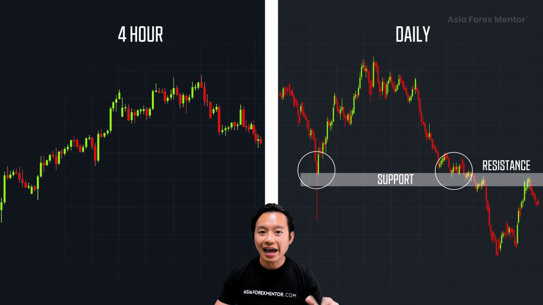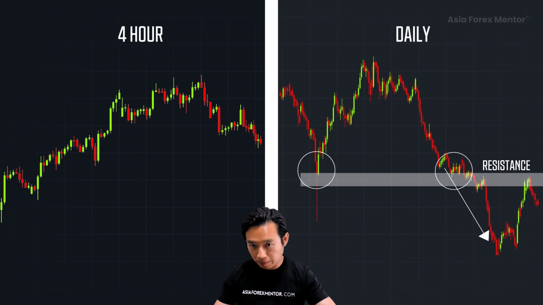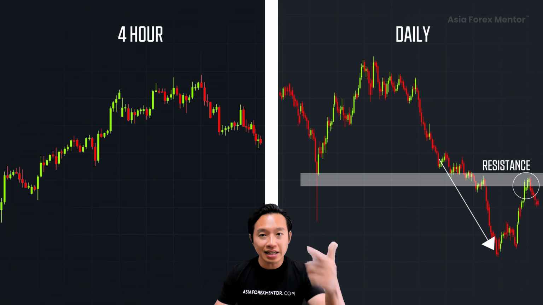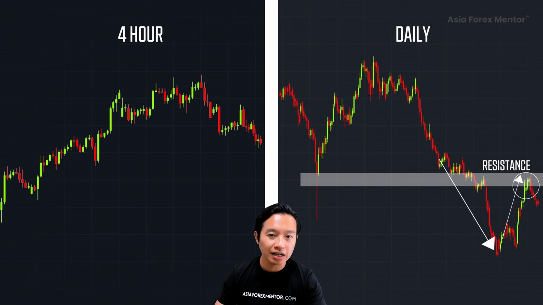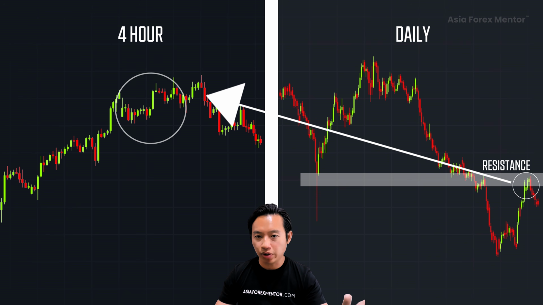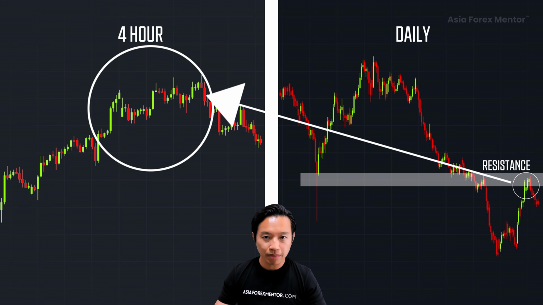This area has been repeatedly tested as support before price broke below it, and then we tested it as resistance. Now price has returned to the same level again. The point on this chart is the same as the point here. They represent the same area.